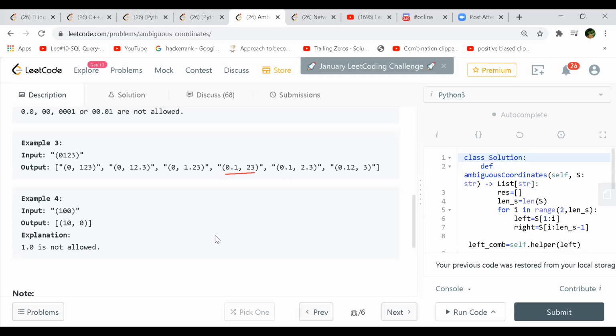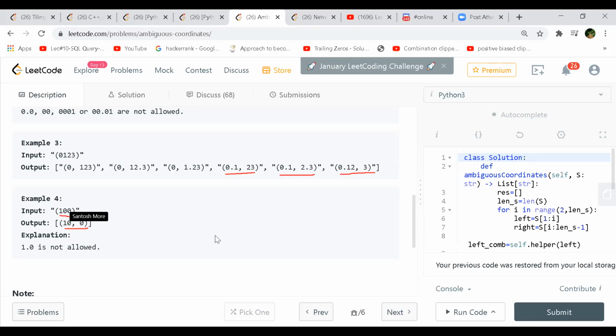And this one also. But you cannot have 0, 1 and 23 because that doesn't make sense. And then you can still make this one. Secondly, in this example, if your 0 is on the right side, you can only go for 10 and 0. You cannot make 100 and 0, because that is going to be 1000 in that case, right?